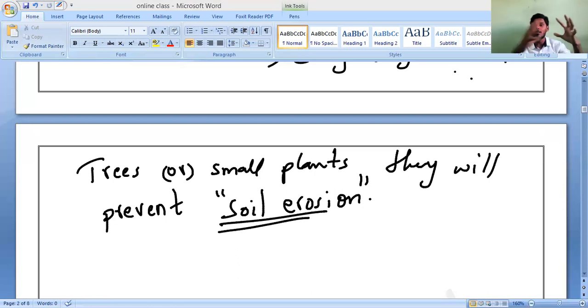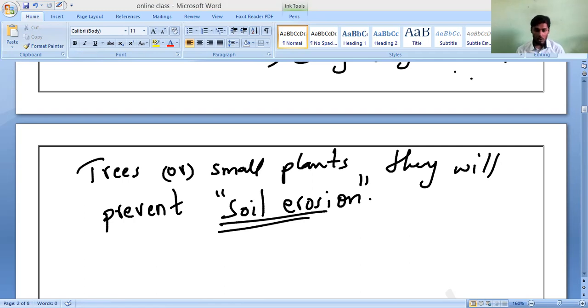Whenever a stream comes very fast, these plants restrict the flow of water or air, so that the soil under the topsoil cannot become loose very quickly, because the roots are holding very tightly and cannot let the topsoil be taken away easily. This is the way the trees of the forest help prevent soil erosion. Do you understand, Ra? Yes, sir.